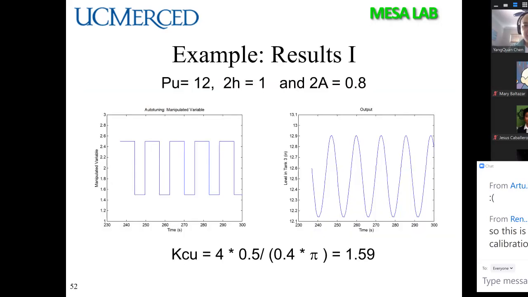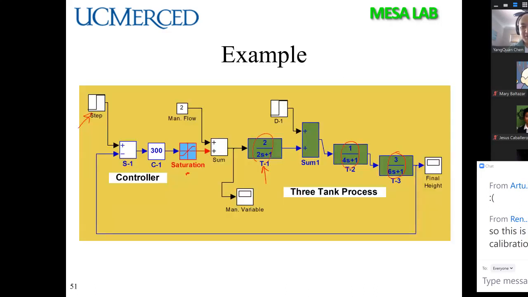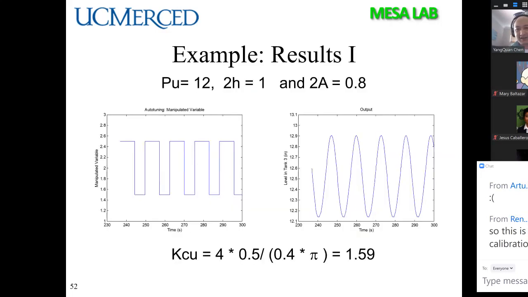So let's do a relay feedback, okay? We put a relay in there. Then we see the signal becomes like this, and my output looks like a sinusoid, but it's never a real sinusoid, okay? So in this case, I need the 4/pi, and 0.5 to 0.4 is the KCU, okay?